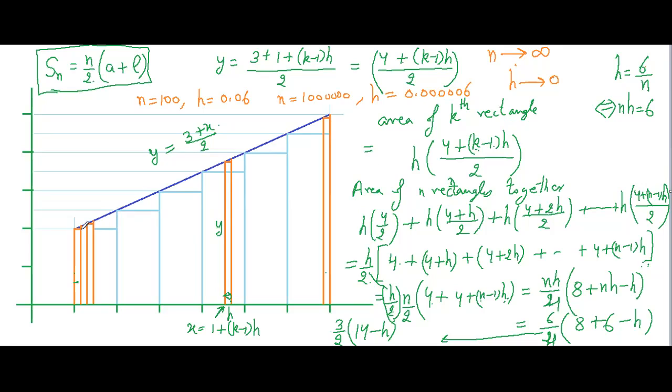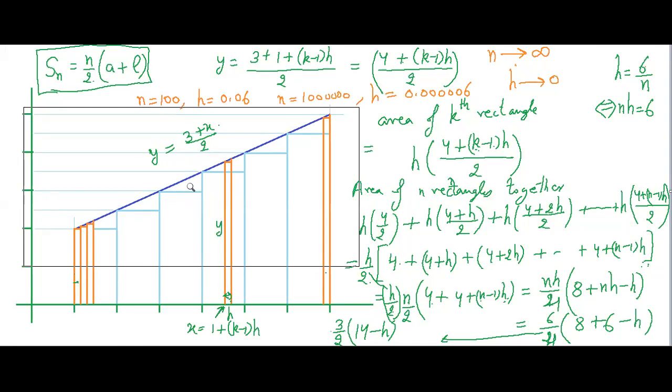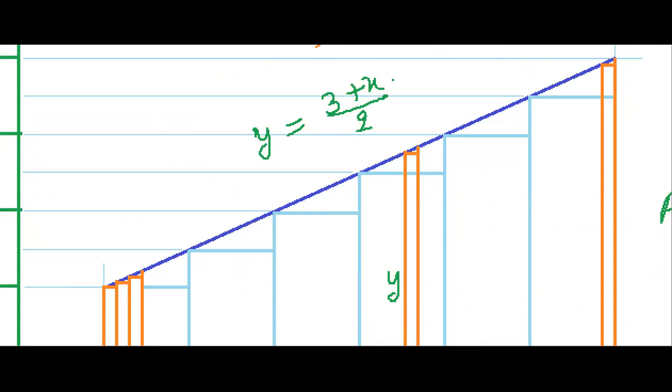And what happens in the diagram? You are seeing this. I enlarge the diagram. We have actually added the rectangles, the sum of the areas of the rectangles like this. This is the area of the first rectangle, second, third.